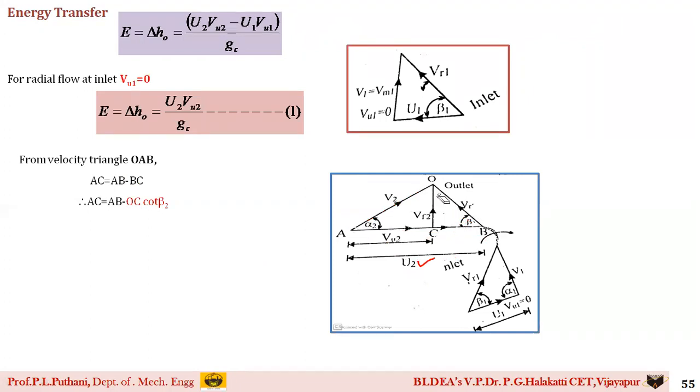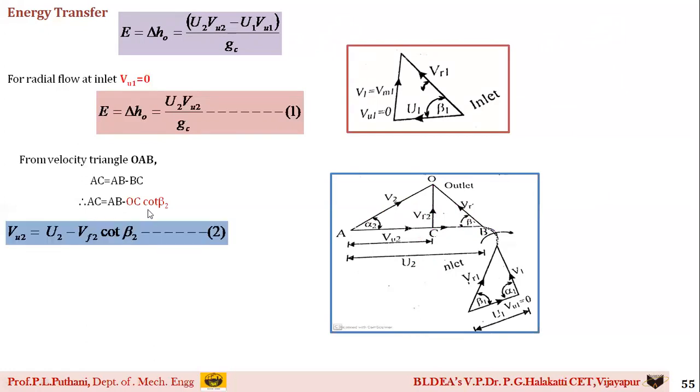For BC, I am taking the help of this right angled triangle, that is OCB. For OCB, I will find cot beta 2, which is the opposite side BC divided by OC, or BC is equal to OC cot beta 2, which you can see in the equation I have written now.